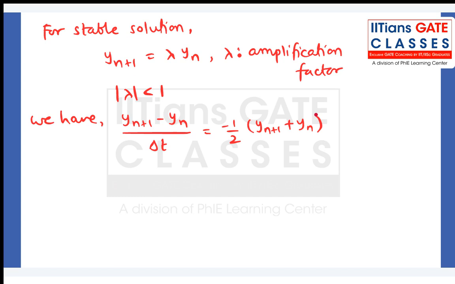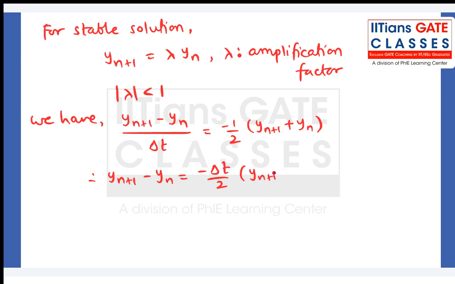Okay, so I can multiply by delta t on both sides. That will simplify things very quickly. So in that case, it becomes y_{n+1} minus y_n minus delta t by 2 y_{n+1}.